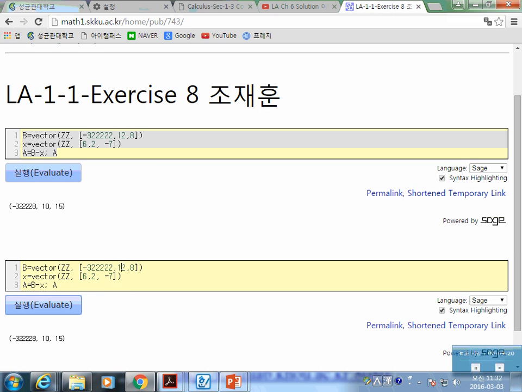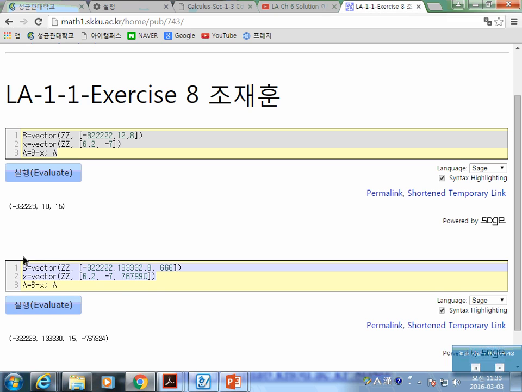You can change this code for the problems that you will find at the end of each chapter. You can also expand it, not only 3-dimensional vectors, you can also use it for 4-dimensional vectors like this. Understand?